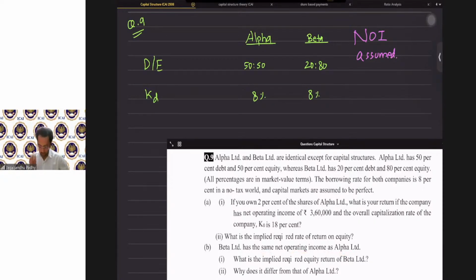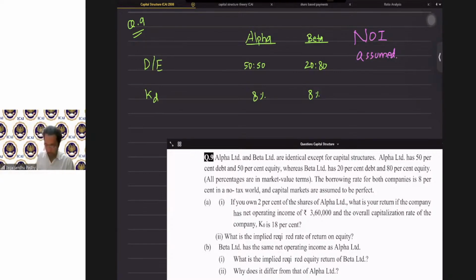We have not been given any information as to what will be the resultant impact on Beta's overall cost of capital. No information is given about that, and we cannot take any other thing. So it's better on the safe side to assume net operating income, because the question is silent. We'll always go for the assumption which makes it simple, right?